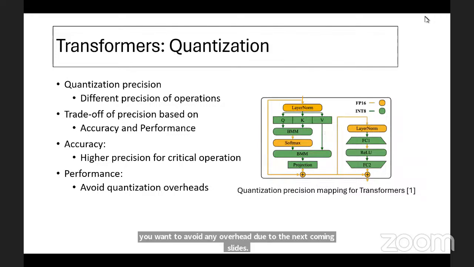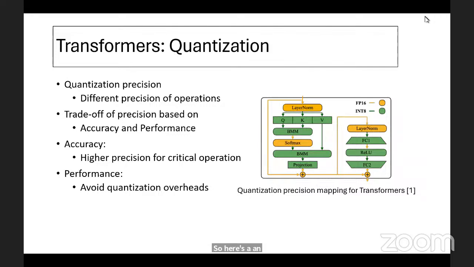So here's an overview of the precision mapping for a transformer. When you have a transformer architecture like we discussed in the last slide, we see that the compute intense operations are the ones that get the most advantage by using quantization. Whereas for the other operations like normalization, activation or element-wise add, if you try to quantize those operations, you might end up seeing much more degradation in accuracy, and the quantization might add an extra overhead for the models.